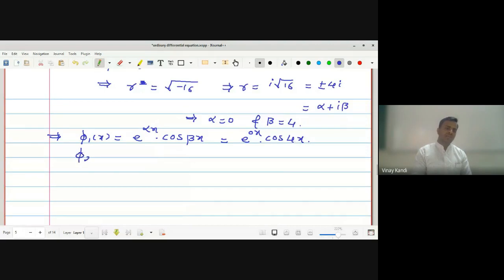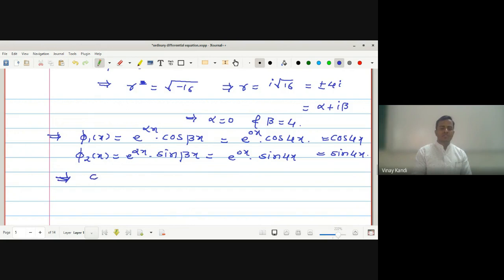Okay, and phi 2 of x is nothing but e raised to alpha x into sine beta x, which is equal to e raised to 0x into sine 4x. This one is cos 4x and this one is sine 4x. Okay, and their linear combination is nothing but phi of x is equal to C1 phi 1 of x plus C2 phi 2 of x, which is equal to C1 cos 4x plus C2 sin 4x.